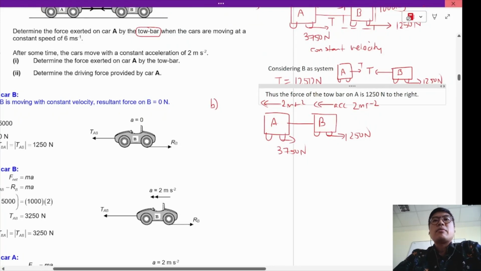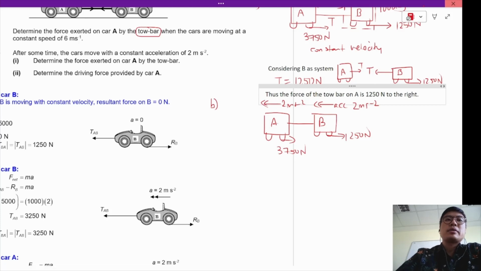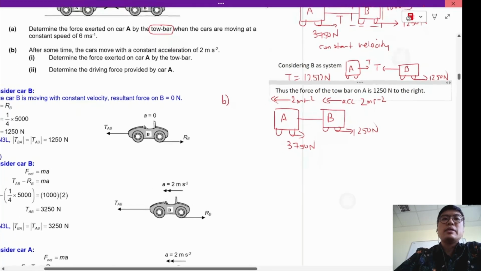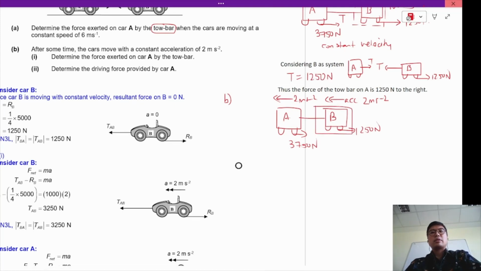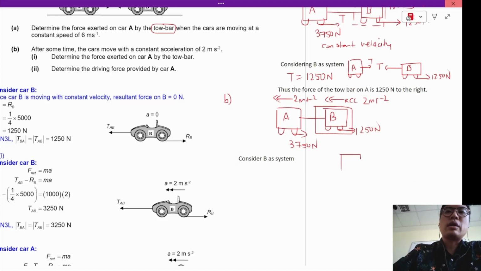We assume that the acceleration is to the left as well. Now, what is the force exerted on car A by the tow bar? It's really easy to do this question again. So now we consider B as a system again. As we consider B as a system, there will be two forces acting on B, the 1250 and T, and B is accelerating at 2 meters per second squared.